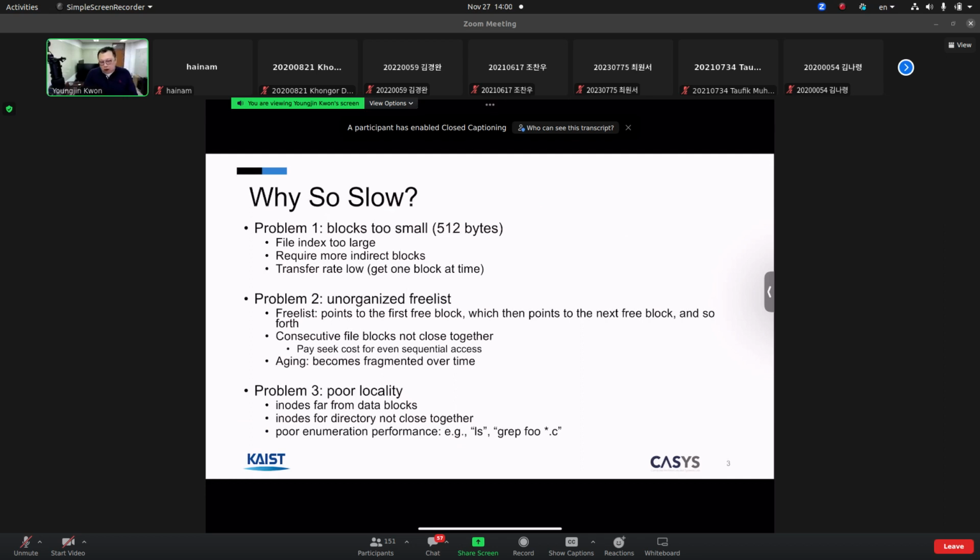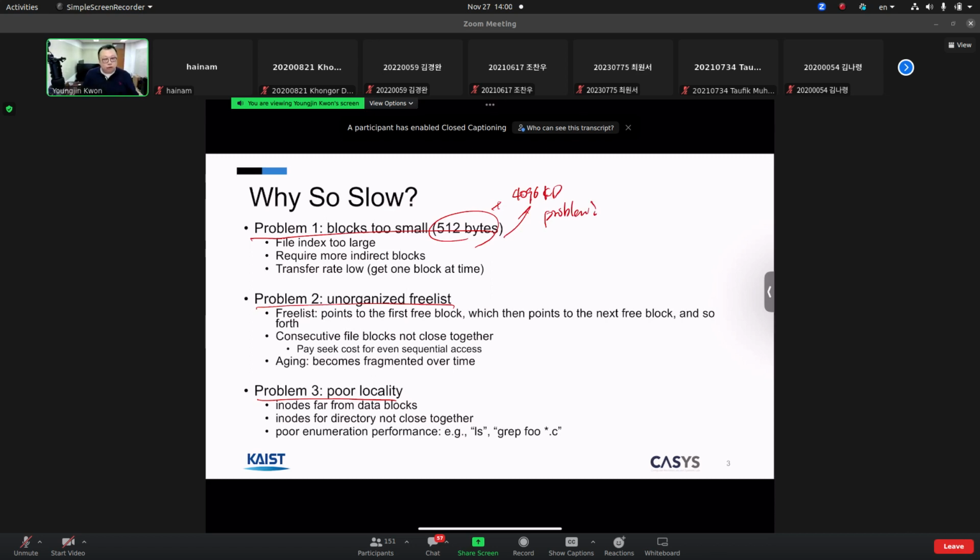There are three reasons reported. First, the block size is too small. Unix used 512-byte blocks, which are too small. In the early days, hard disks were really expensive. So if you increase the block size to 4 kilobytes, what was the problem?